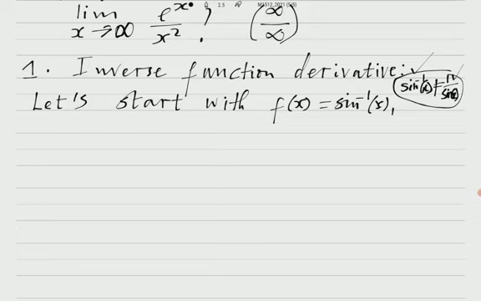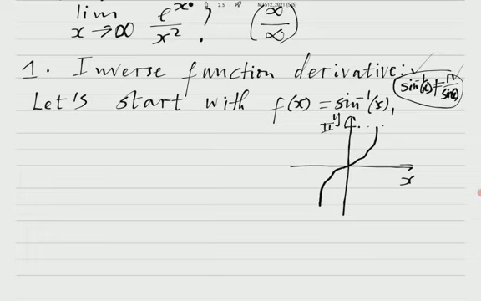Another thing which we know is how sine inverse looks like. We know it looks somehow like that. If I were to draw, we know that this point here is pi over 2, and this point here is minus pi over 2.